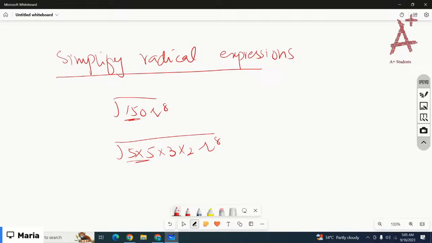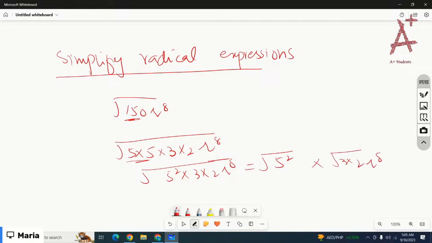Okay, you can write 5 times 5 as 5 square times 3 times 2 and r exponent 8. We can then split it like 5 square and then 3 times 2 and r8, right?